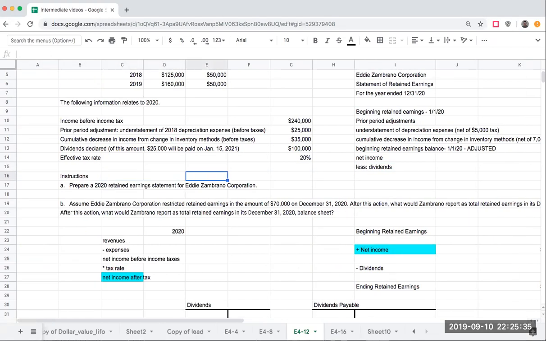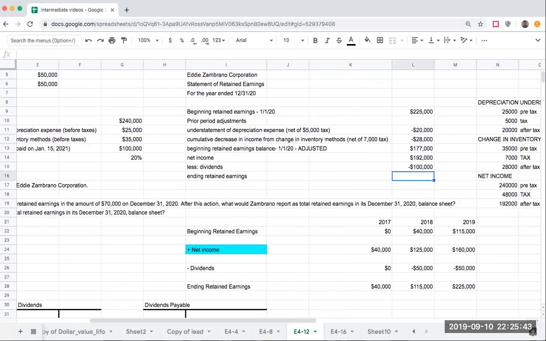And so over here, my ending retained earnings is going to be my adjusted beginning balance, plus my net income, less my dividends, for a total of $269,000. That will be my ending retained earnings balance.